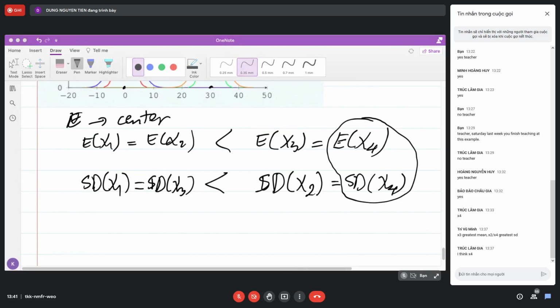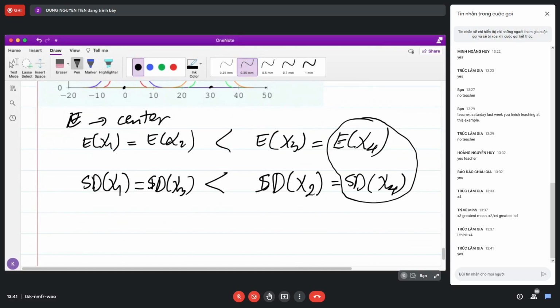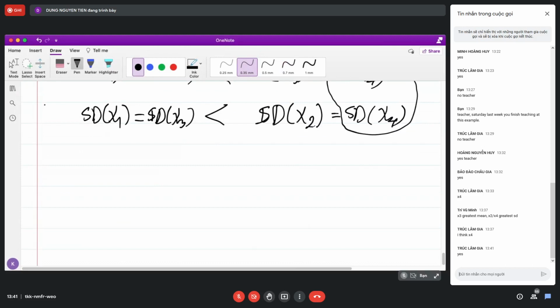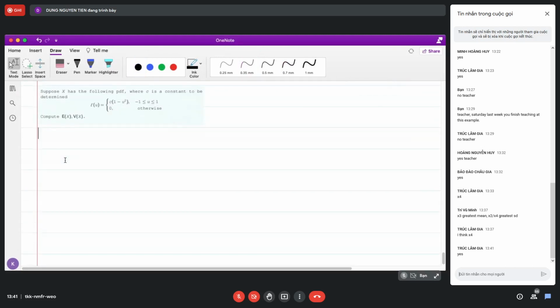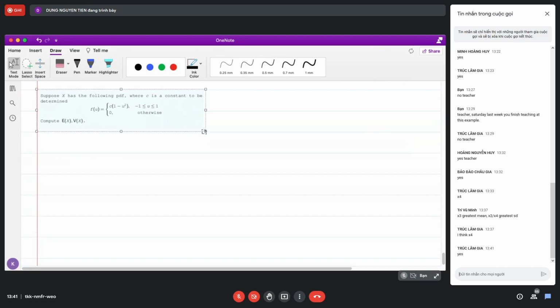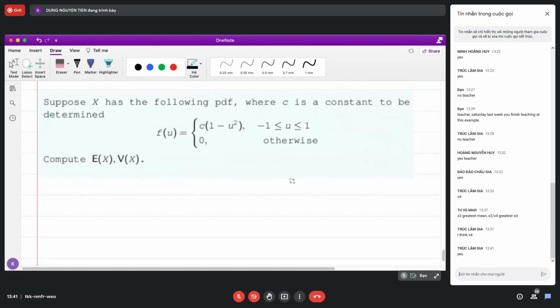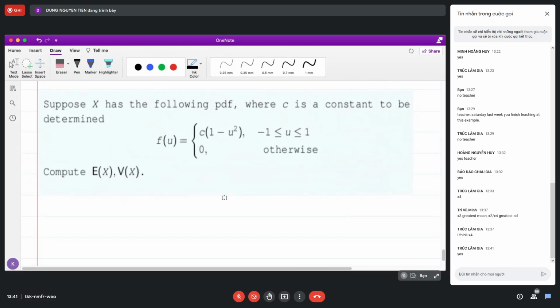Do you understand? Okay. Okay. Now, can you find the variance and also the mean value of the following random variable? Do you know that?